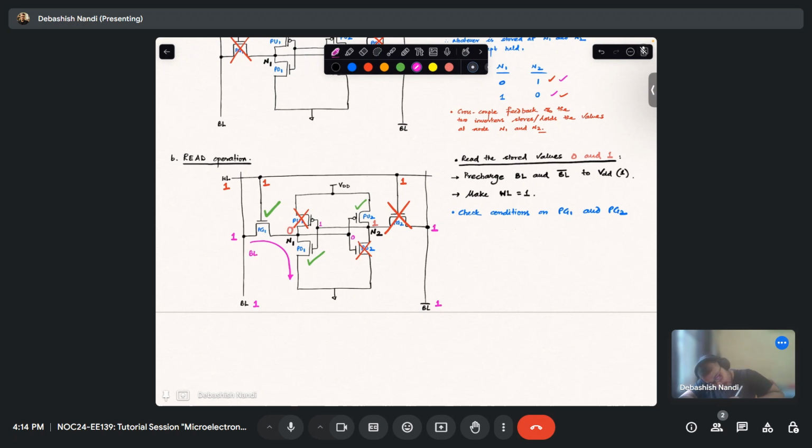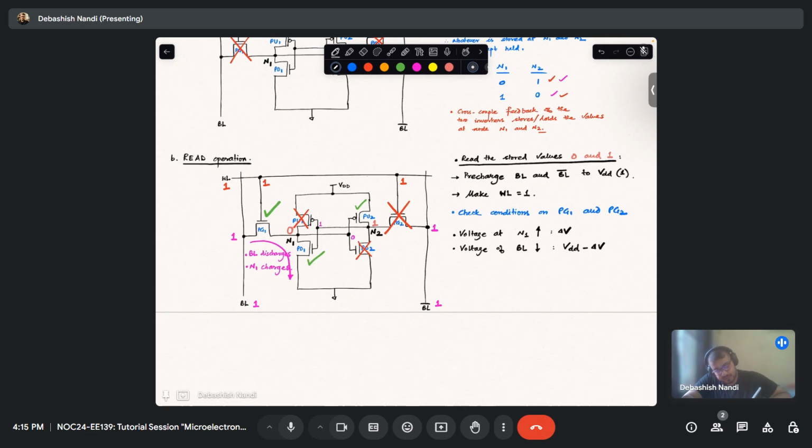So BL discharges and N1 charges. Okay. Voltage at N1 increases, node 1. Voltage of BL decreases. Let's say it decreases from VDD to VDD minus delta V. Okay. And let's say this is your delta V.